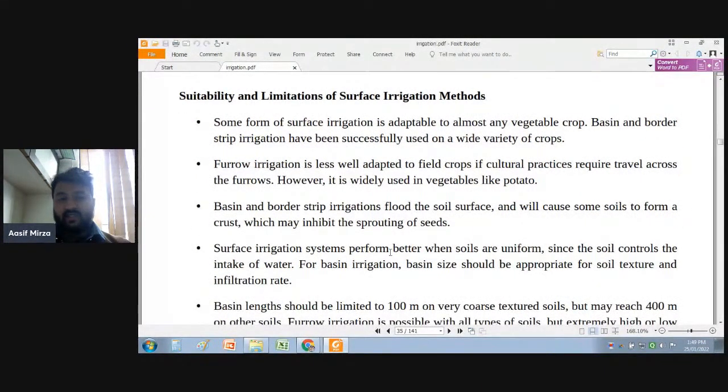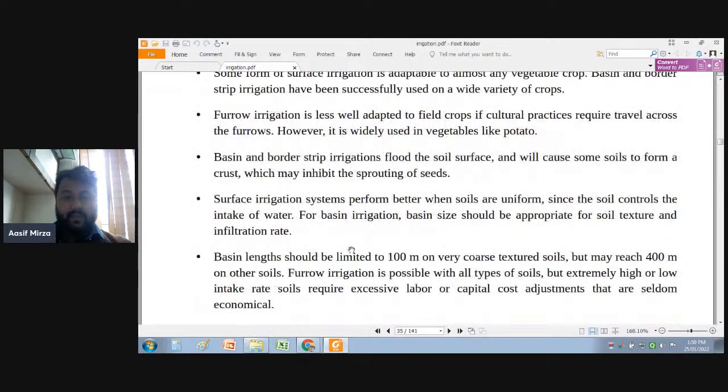Now, surface irrigation systems perform better when soils are uniform. Since the soil controls the intake of water for basin irrigation, basin size should be appropriate for soil texture and infiltration rate. Basin length should be limited to 100 meters on very coarse texture soil but may reach 400 meters on other soil.